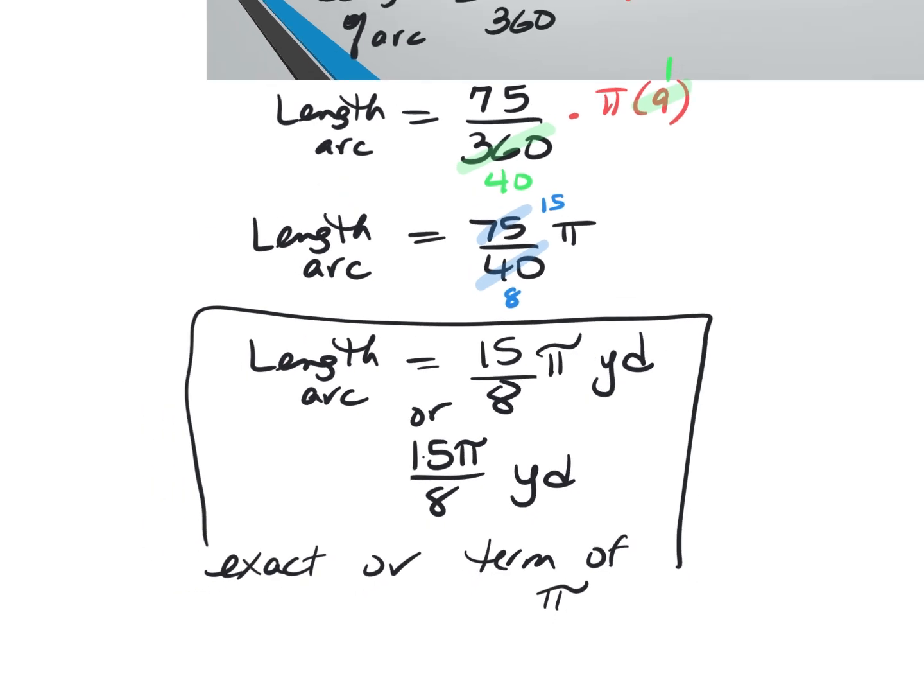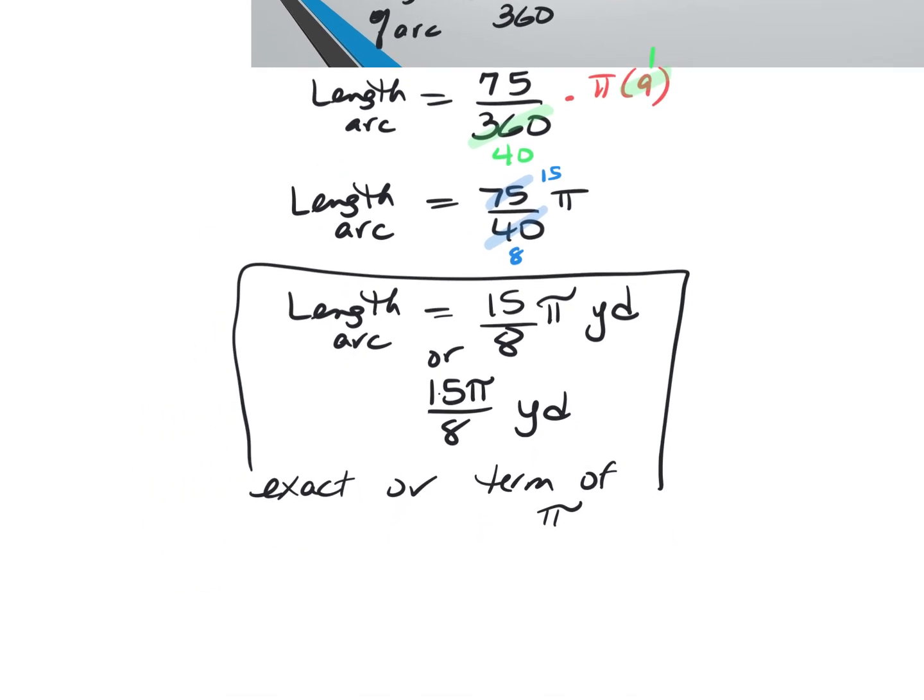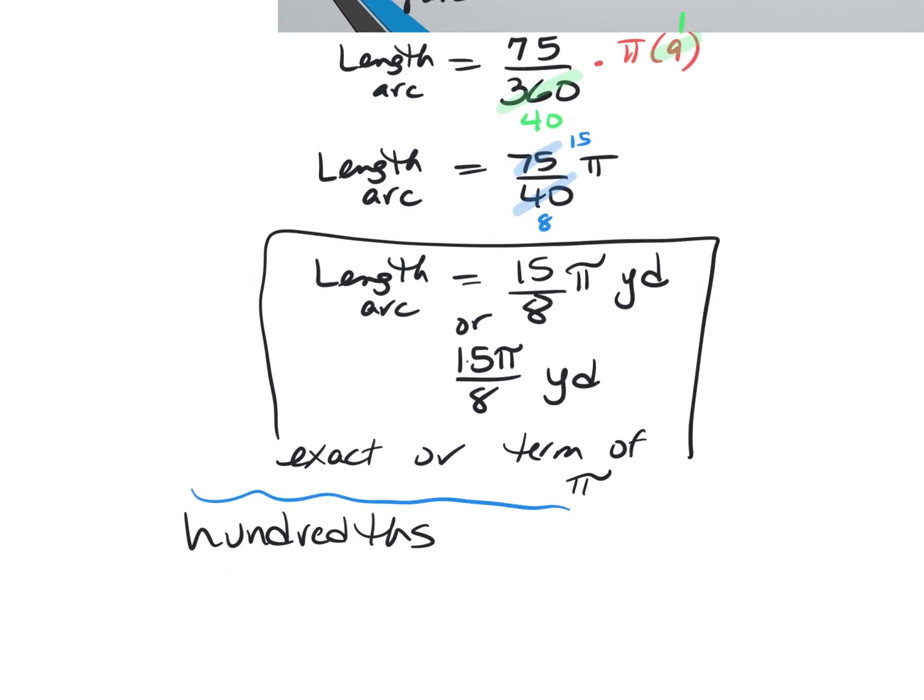But if it would have said round to the hundredths, then what I would have needed to do was multiply 15 times pi and then divide it by 8. Once I do that, rounded to the hundredths place, it's 5.89 yards. And that would be the length of the arc using your pi button.